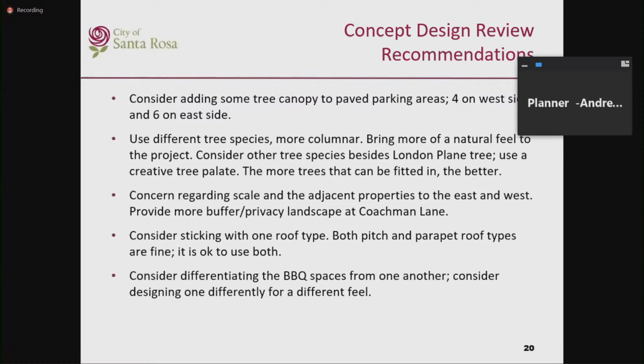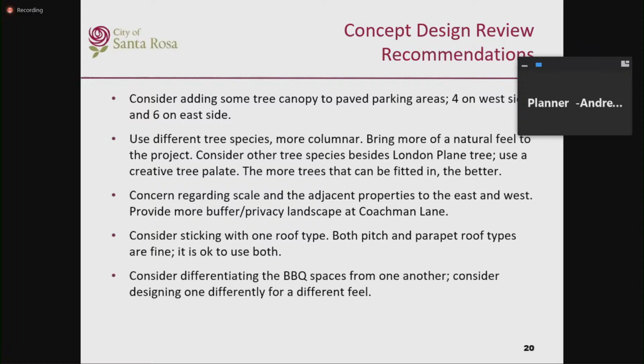The project was reviewed by the Design Review Board through Concept Design Review in December 2019. Recommendations from the Design Review Board included adding some tree canopy to the paved parking areas, using different tree species perhaps, and having a variety of tree species throughout the project, providing more buffer and privacy at the Coachman Lane entrance off of Kiwanis Springs Road to the Carriage Court Mobile Home Park.